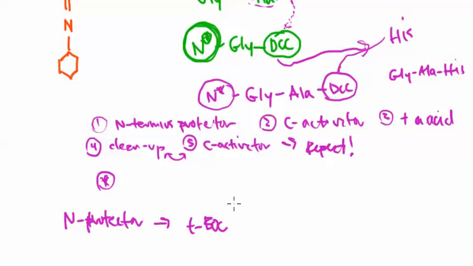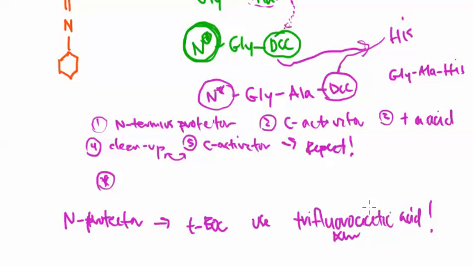When you are finished with the assembly, you've got to get rid of the protecting group. And again, the protecting group is called TBOC. So the way that you do this is that you use trifluoroacetic acid, and it needs some solvent. Typically the solvent's DCM, dichloromethane or methylene chloride.